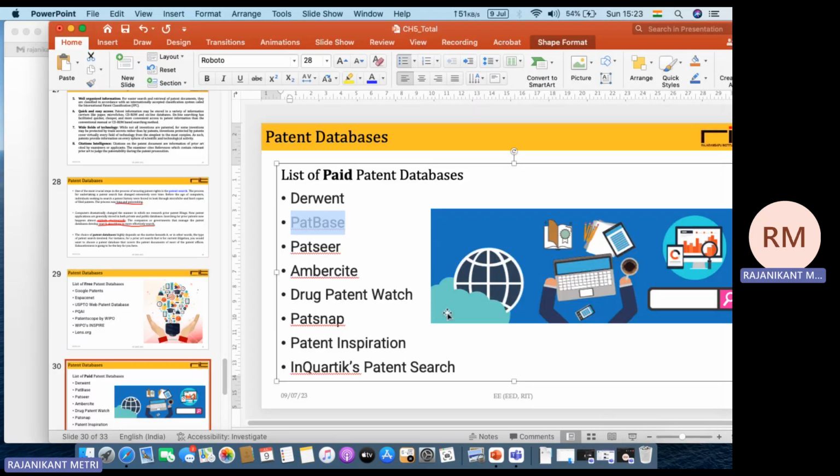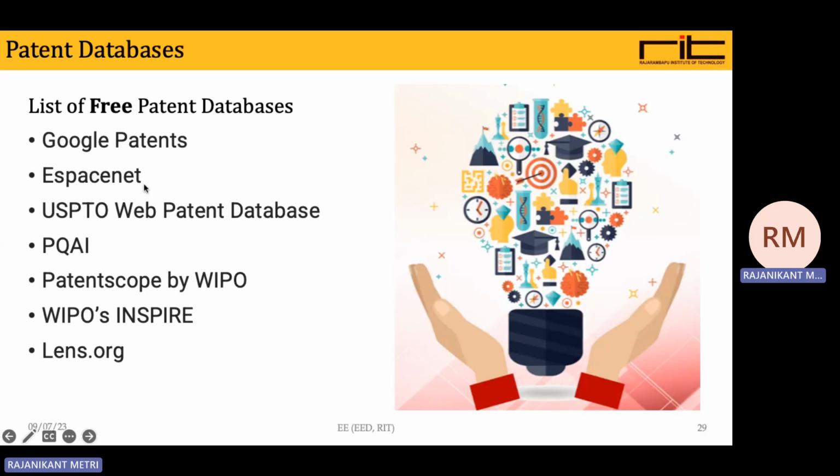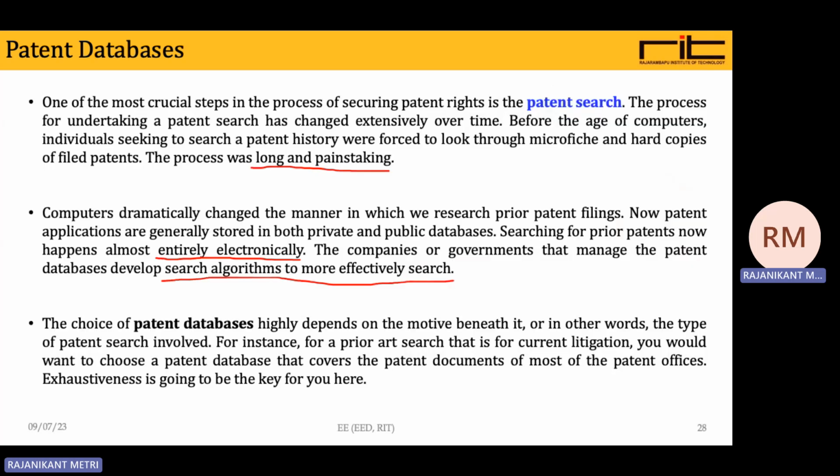Similarly, other databases are also available: PatSeer, drug patent, PatSnap. So these are all paid, but there are free patent databases also available, and one can use these free patent databases before filing the patents.